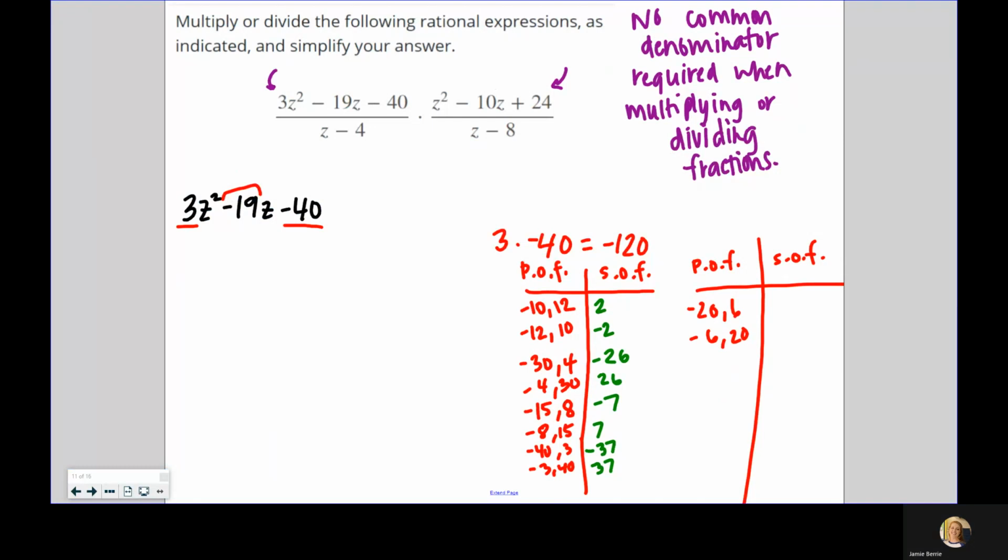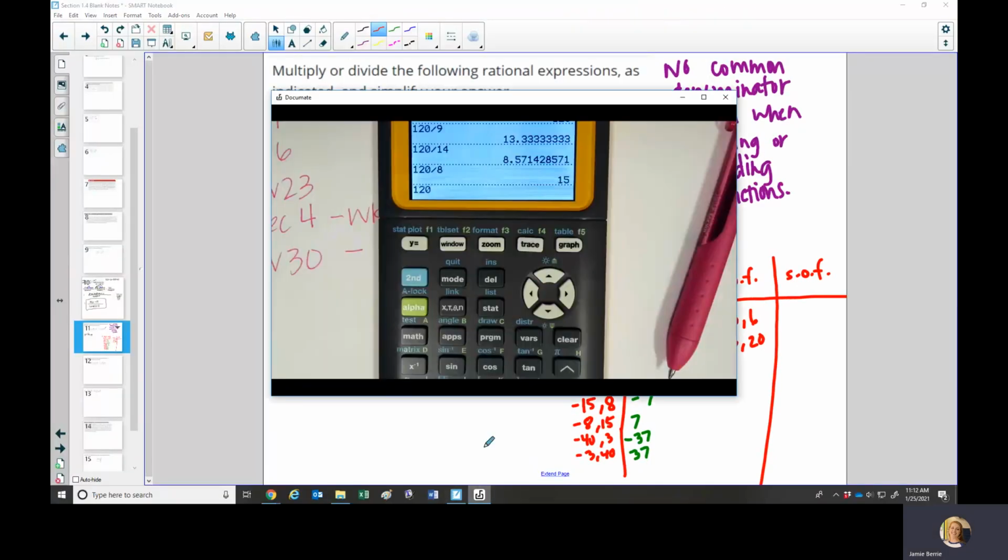Let's see. I'm just over here checking stuff in my calculator, looking for factors. I can pull up my camera so you can see what I'm doing.